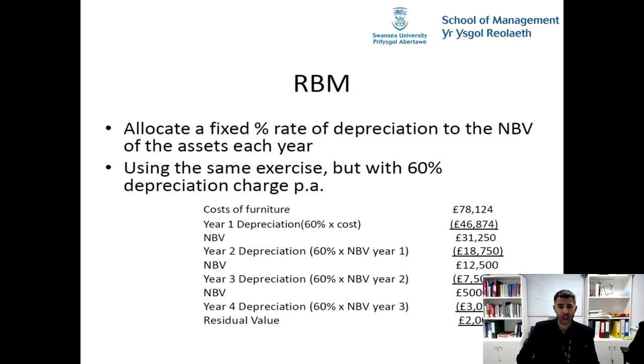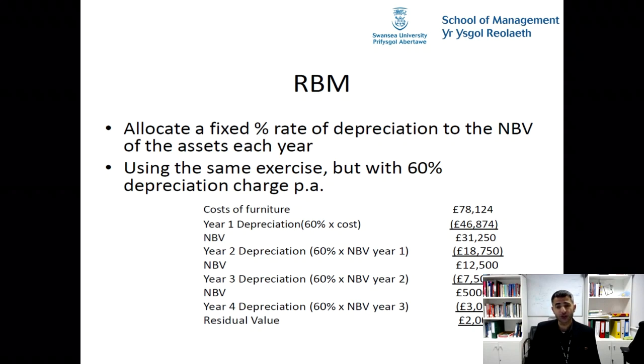This is the depreciation for year 1. So the cost, 78,124, minus 46,874 comes to 31,250, and this is the net book value at the end of year one.